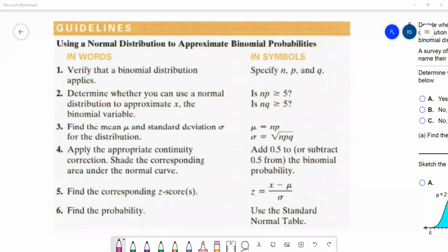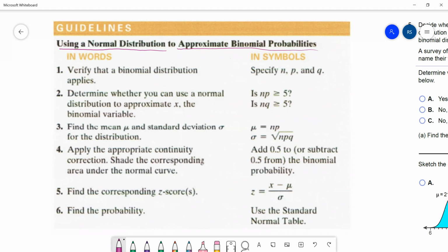Okay. So very quickly at the end of class today, I went over with y'all basically the guidelines or the steps to use a normal distribution to approximate binomial probabilities.